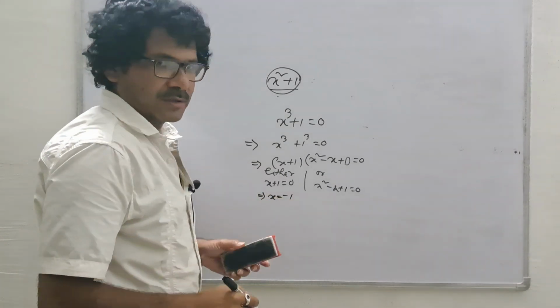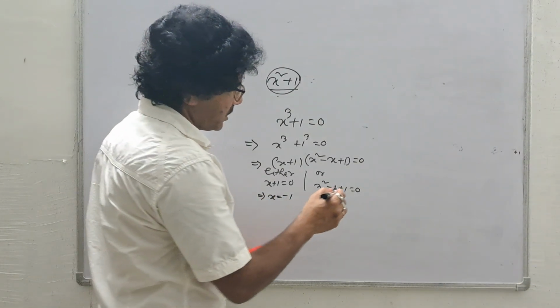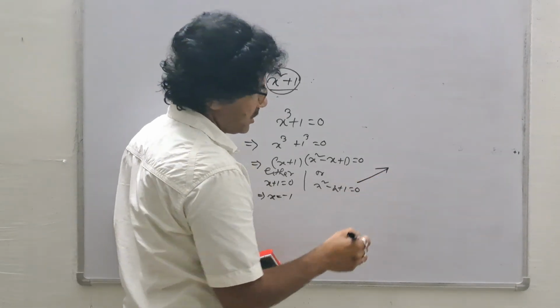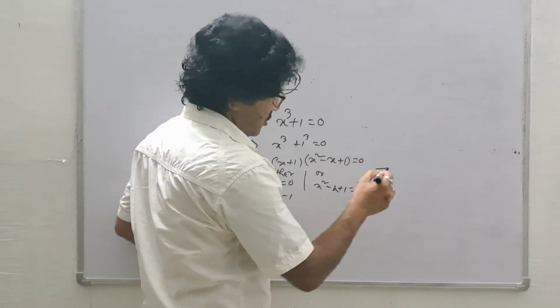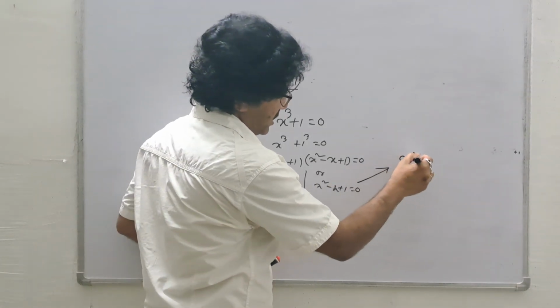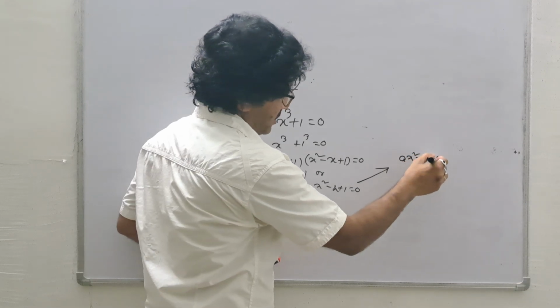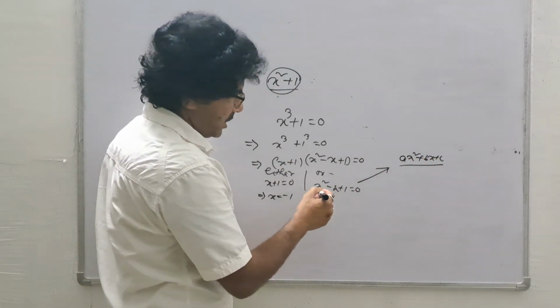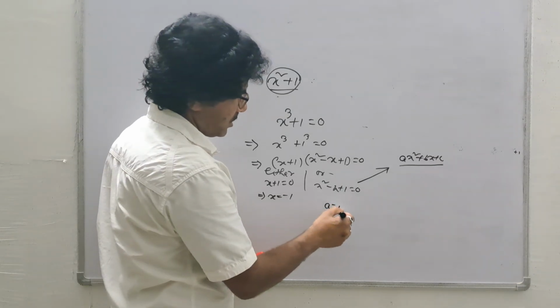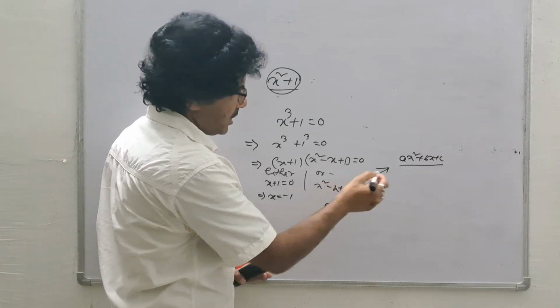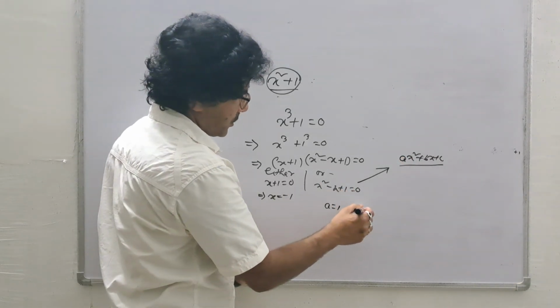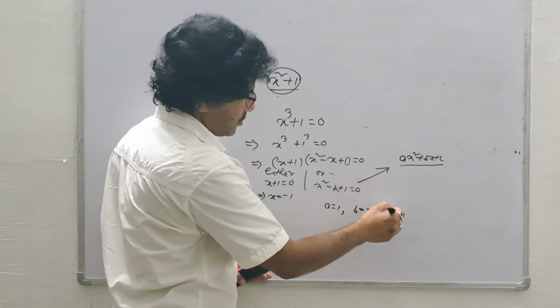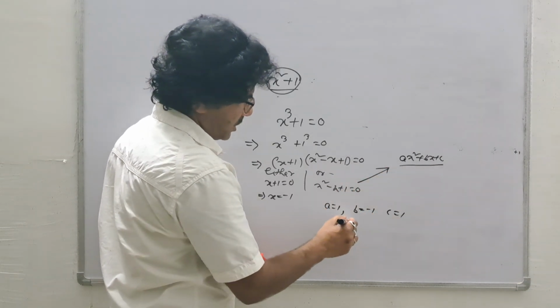This is minus 1. One thing you have to remember, in quadratic equations you just compare this with the standard quadratic polynomial. So here a value is 1, b is minus 1, and c is 1. Then you write b squared minus 4ac.